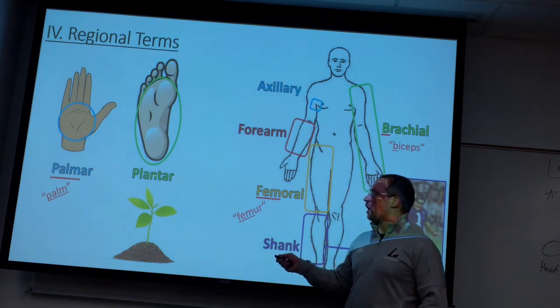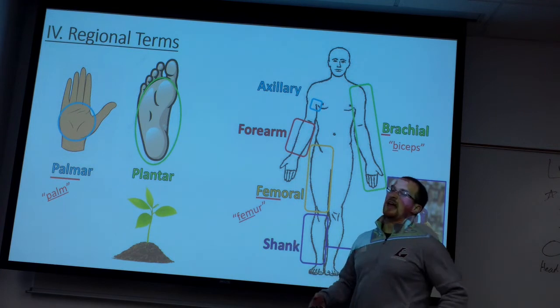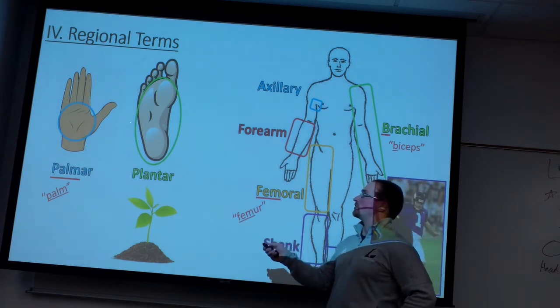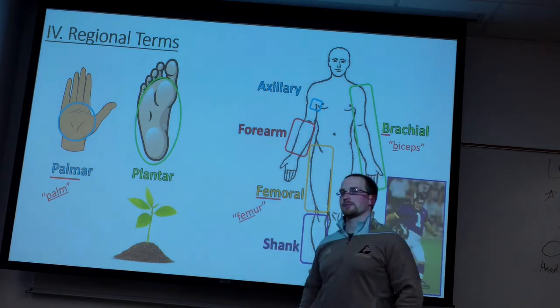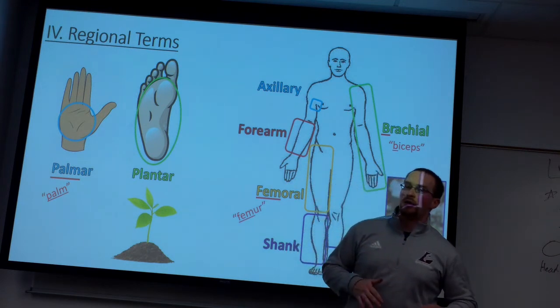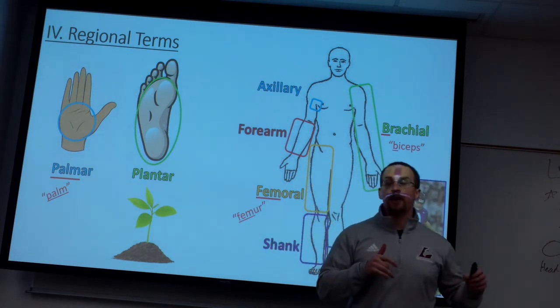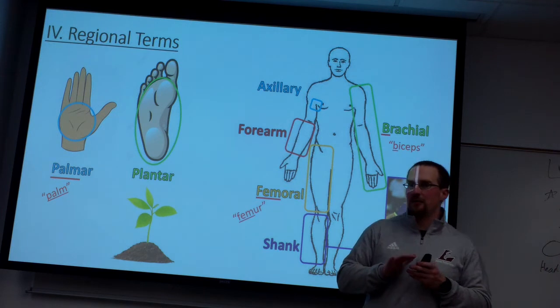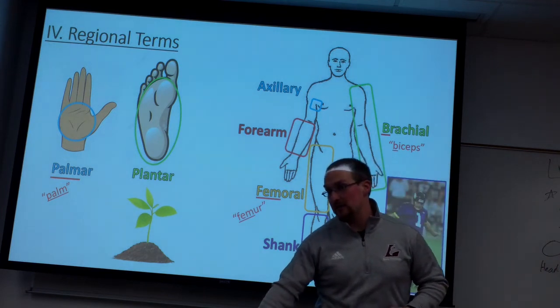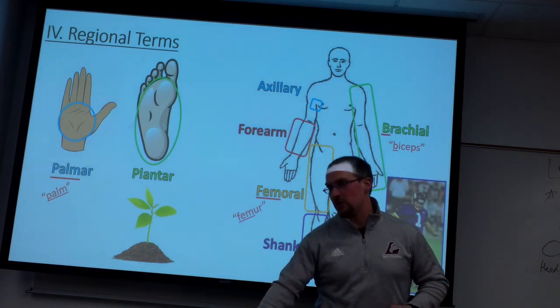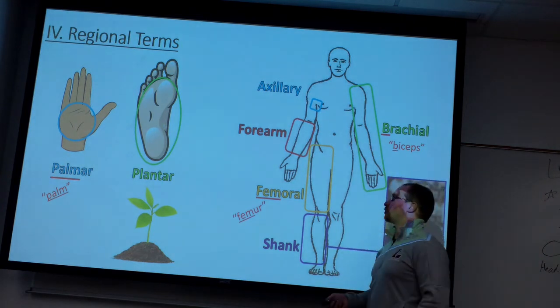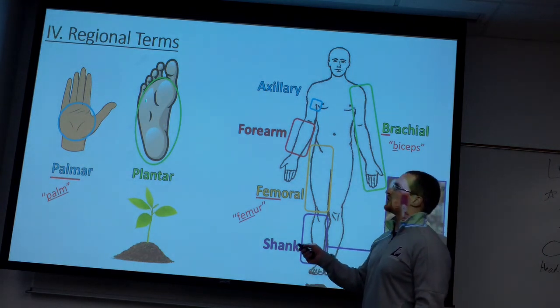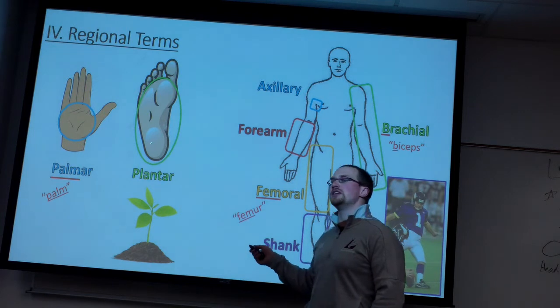So plantar means the part of your body that is touching the ground, which is the bottom of your foot. Another way I like to think about it is in terms of athletics. If I'm going to change directions, I'm going to stick my foot out and plant it into the ground. And the part of your foot that hits the ground there is going to be the bottom of your foot, the sole of your foot, the plantar region.